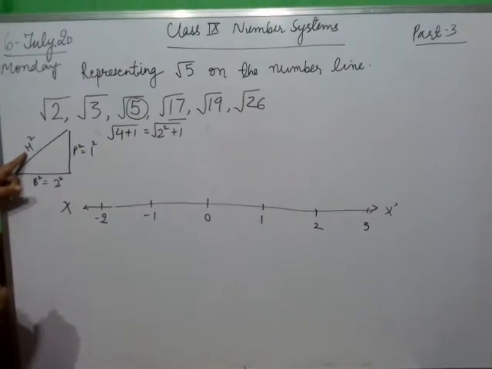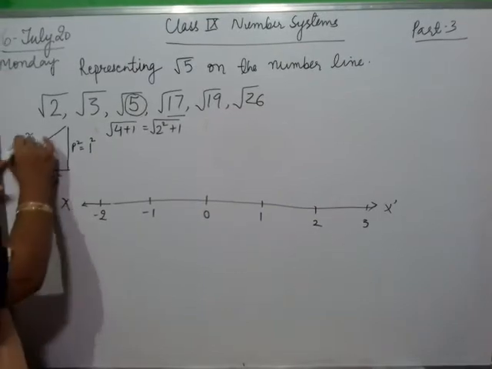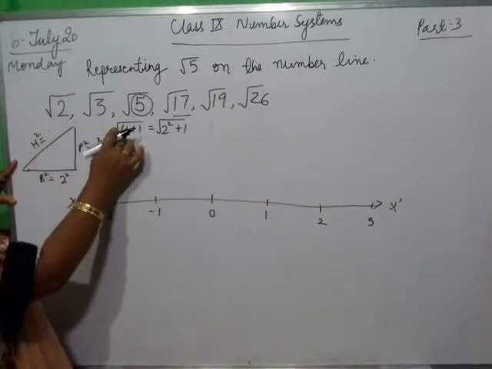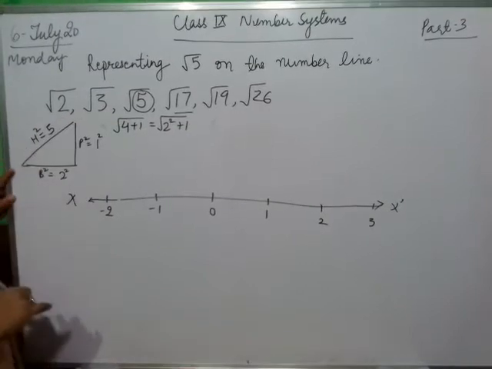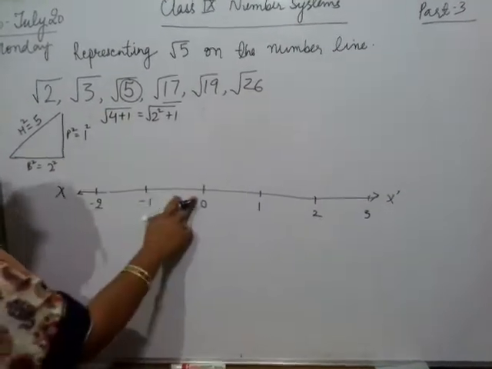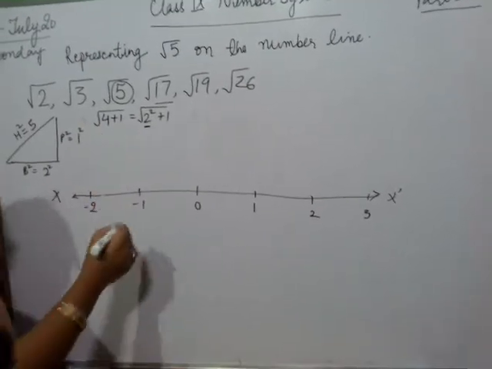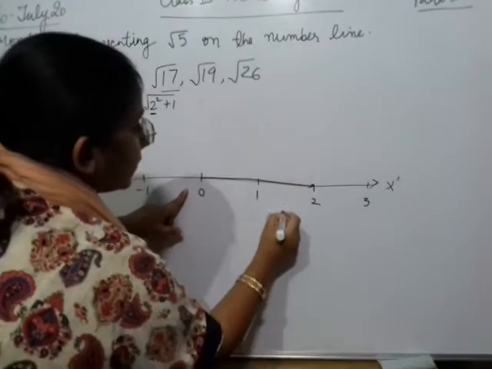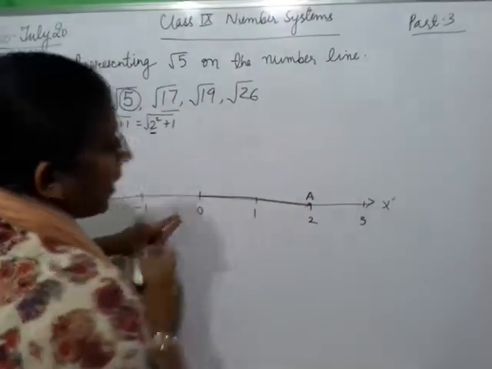So we will find this hypotenuse, which will represent our root of 4 plus 1, that is root 5. Okay, so we have to do this. First of all, we will mark 0 and we will take 2 units and we will mark this as A.